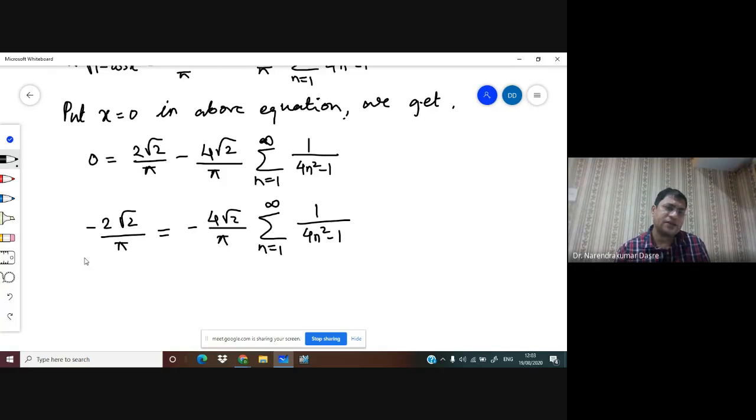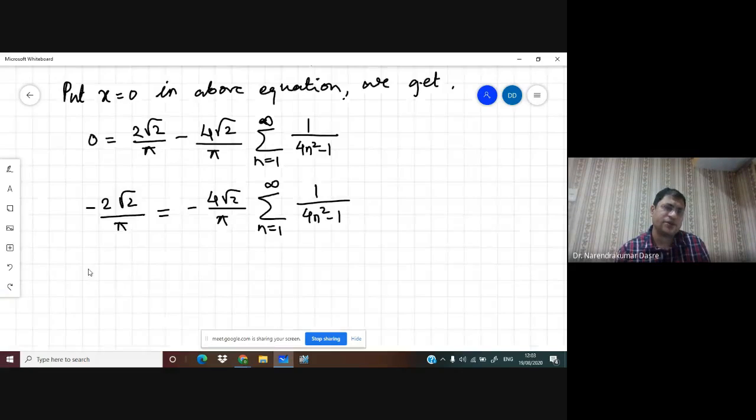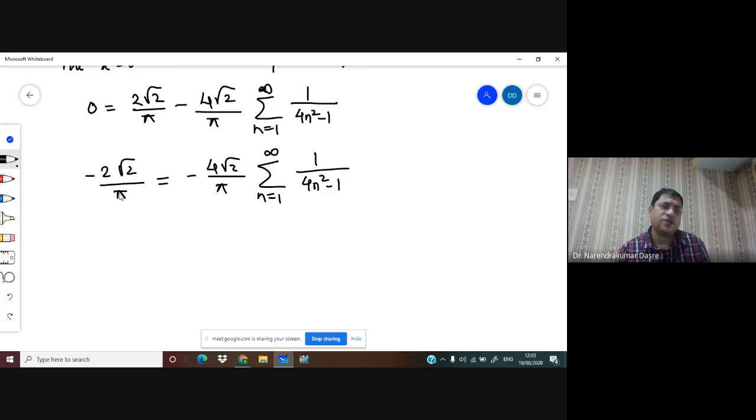Now what can you cancel? You can cancel the minus sign, you can cancel pi, you can cancel minus 2, and you can cancel root 2 also. So you get 1 is equal to twice summation n running from 1 to infinity 1 upon 4n square minus 1.